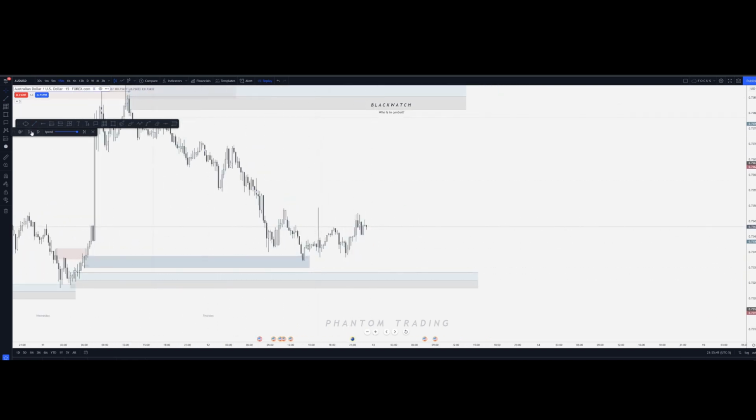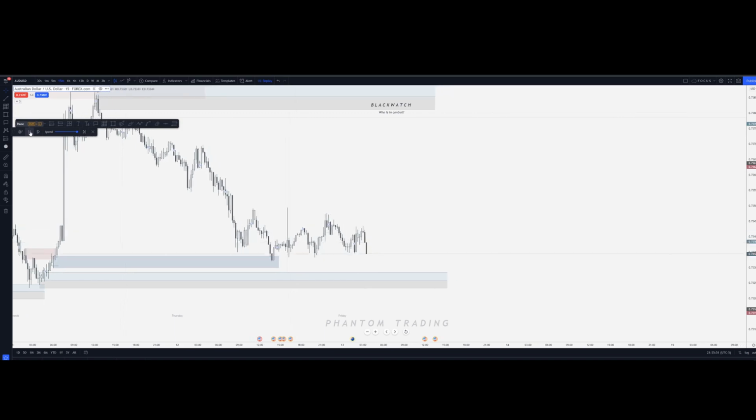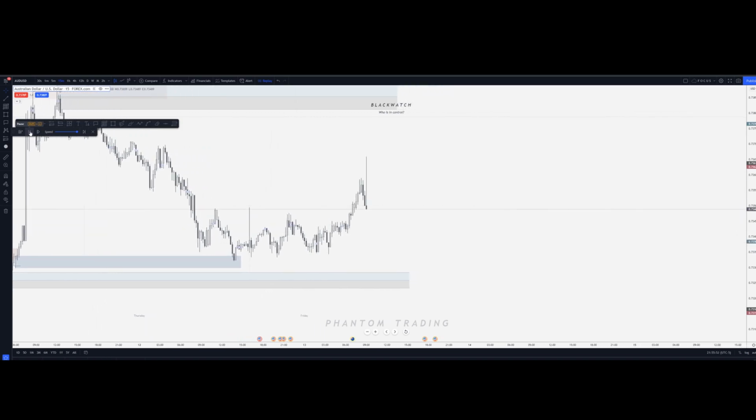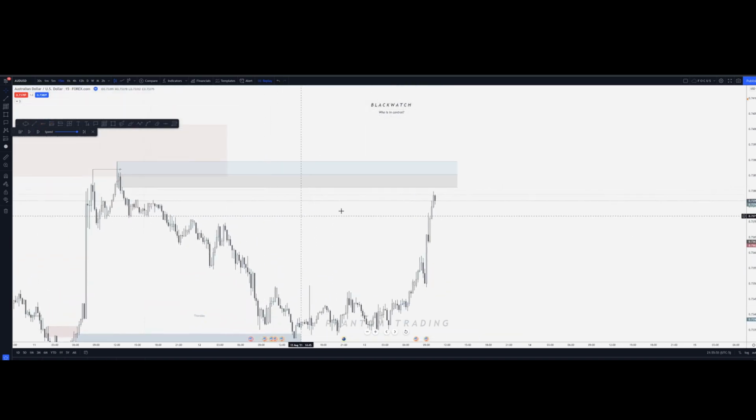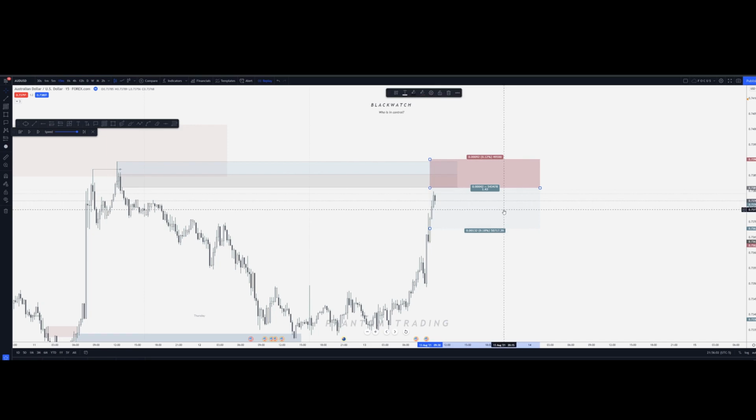I still want to see it come over. Okay, didn't want to come over. Fine. I'm going to place an entry on this. 9 pips. Let's see if we can take an EQ trade on it.